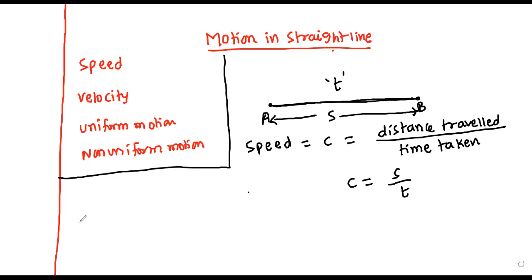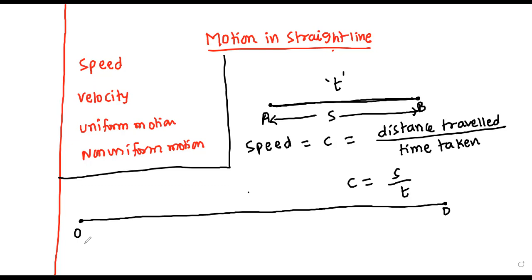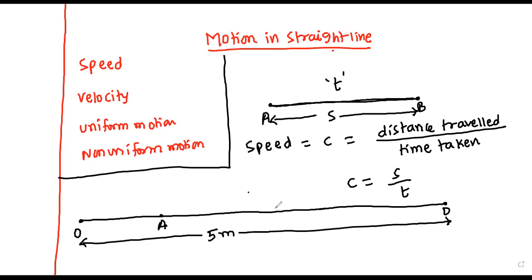Let us consider an example. A particle starts from O and reaches the final point D. Let us consider this total distance is 5 meters. Now in between O and D, that is initial point and final point, let us consider the points.